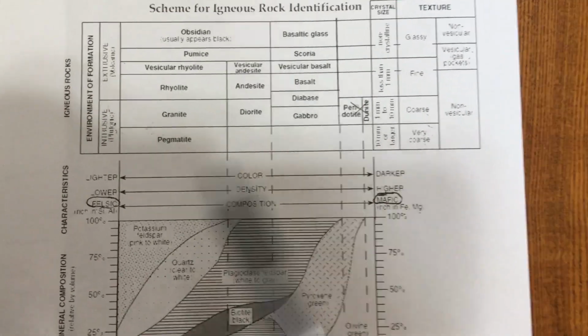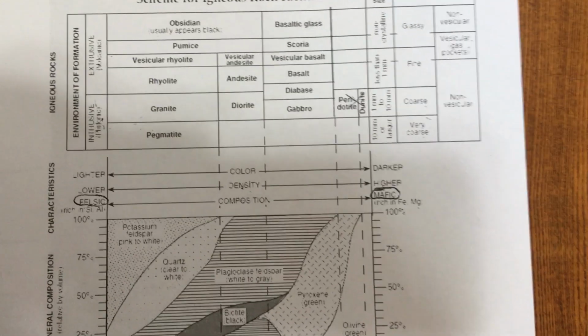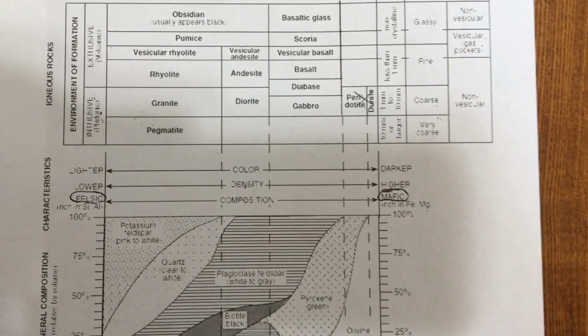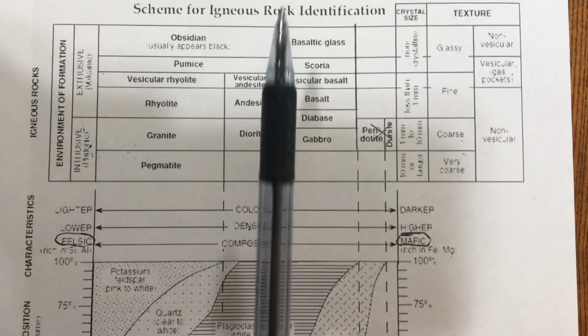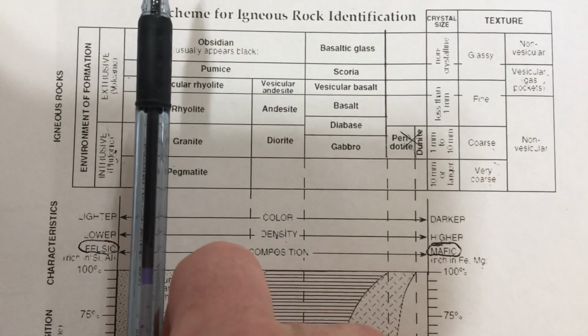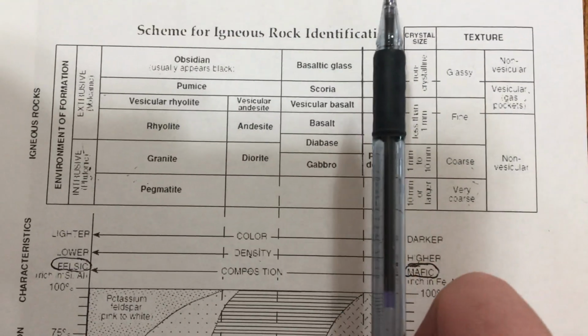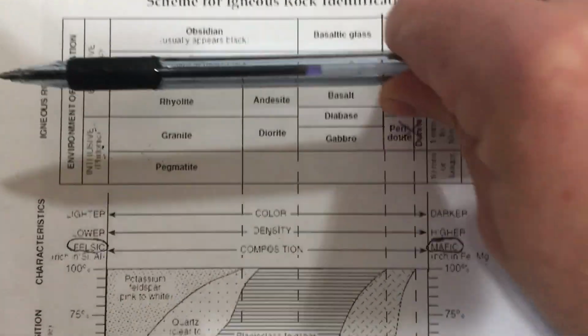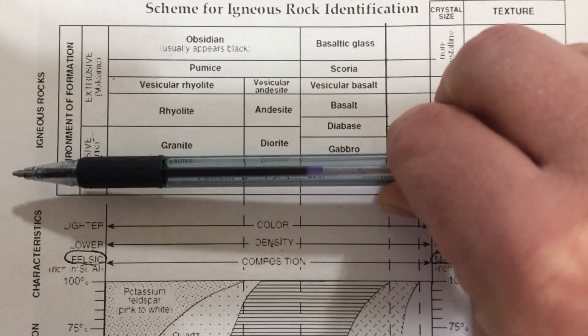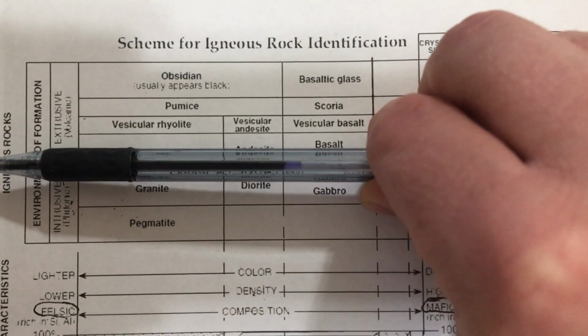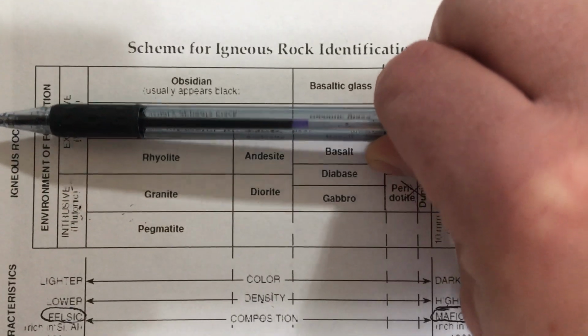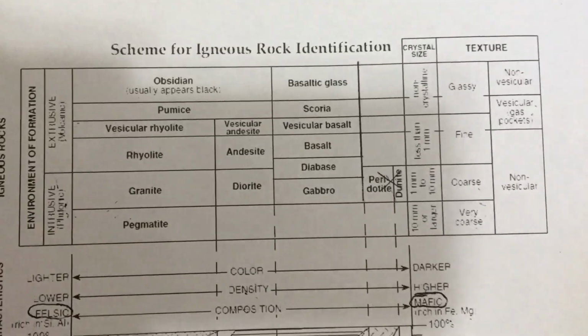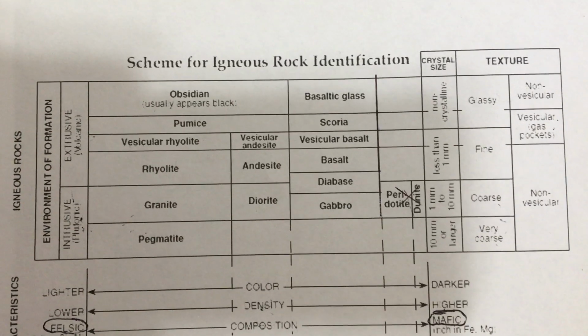This thing is a headache to look at. But when it comes down to it, it's not too bad, because all you got to do is go left for light colored rocks, right for dark colored rocks, and then from bottom to top, it's going to be your coarse rocks down to less coarse, down to fine, and then getting up into the vesicular and glassy guys up here. All right.